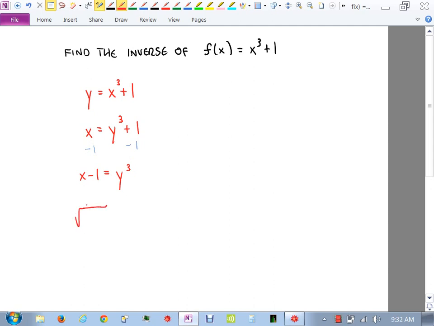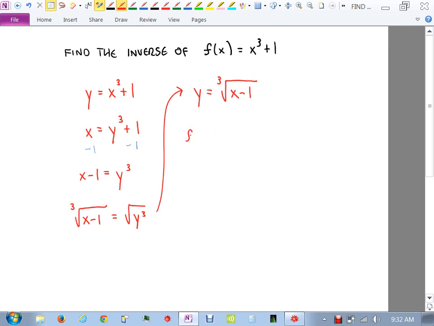So the cube root of x minus 1 equals the cube root of y cubed. That turns out to be, I'll put the y on the left side, y equals the cube root of x minus 1. So we have solved for y.